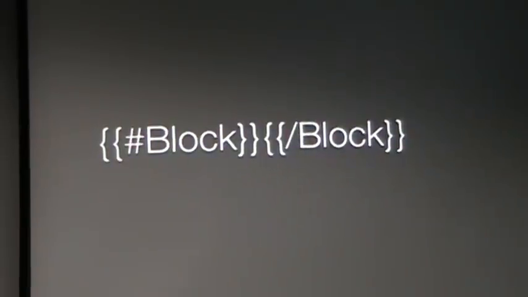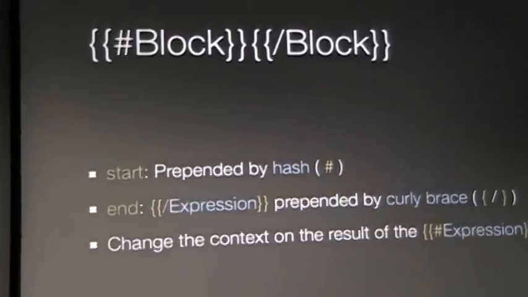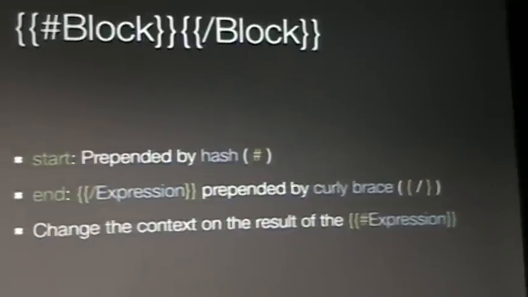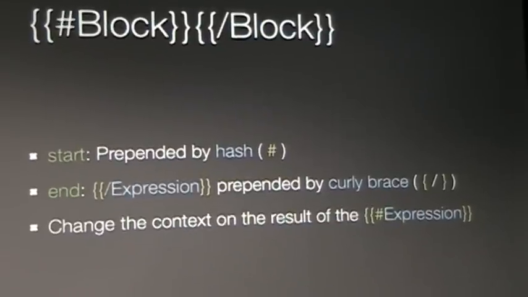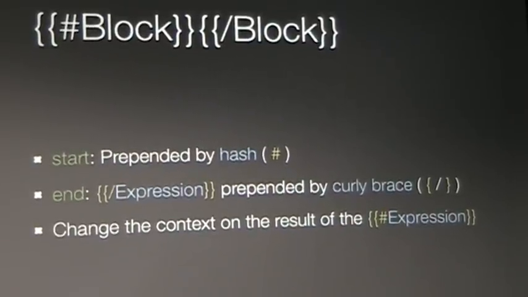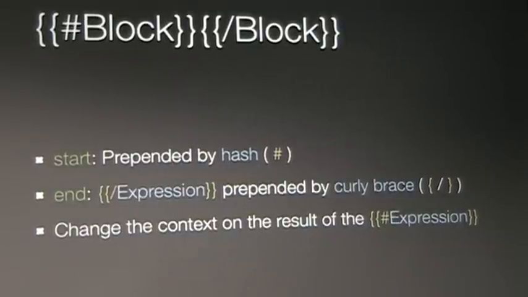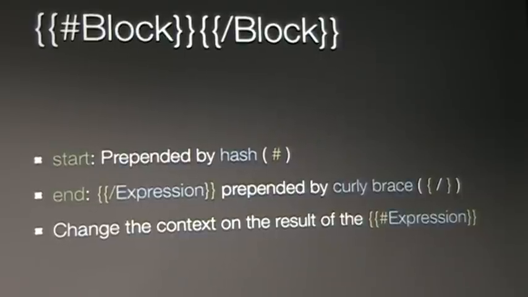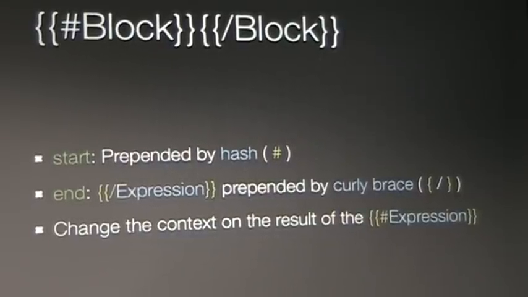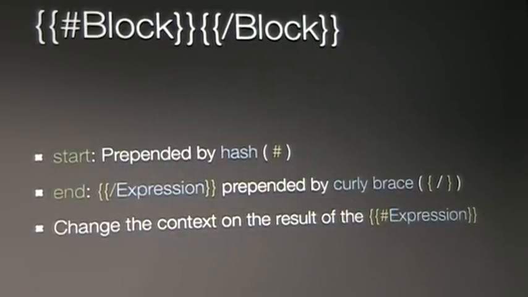So next would be blocks. First, a block is prepended by a hash at the start, as with the title. And then it is ended by the same expression with a slash. Okay, that's wrong. I just did this slide today, so there were errors.